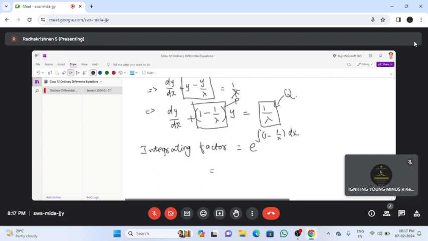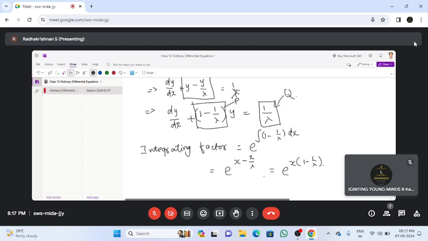When we integrate, what do we get? x minus x by lambda. So this is what it is, e to the power of x minus x by lambda, or e to the power of x into 1 minus 1 by lambda.